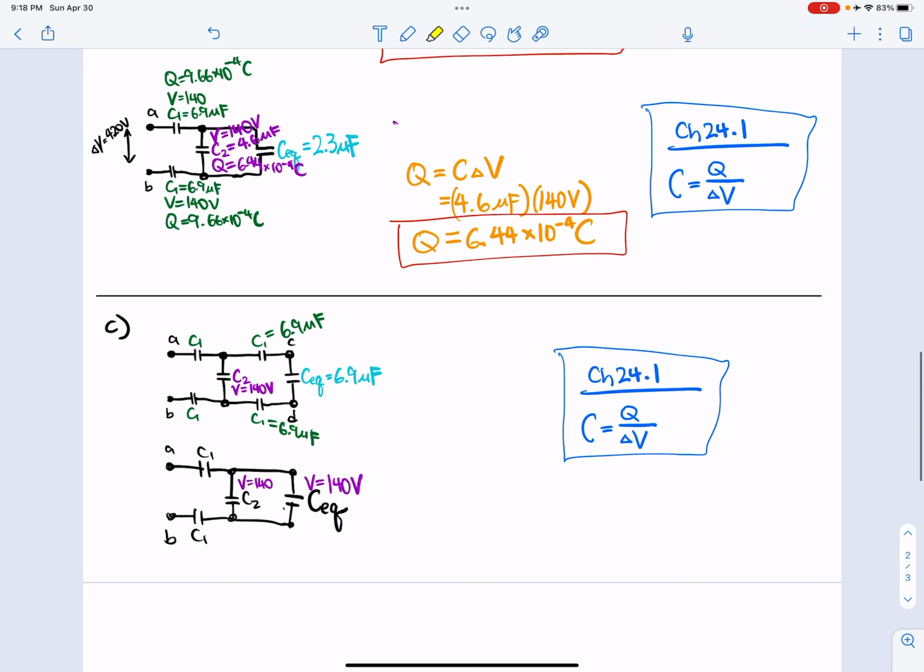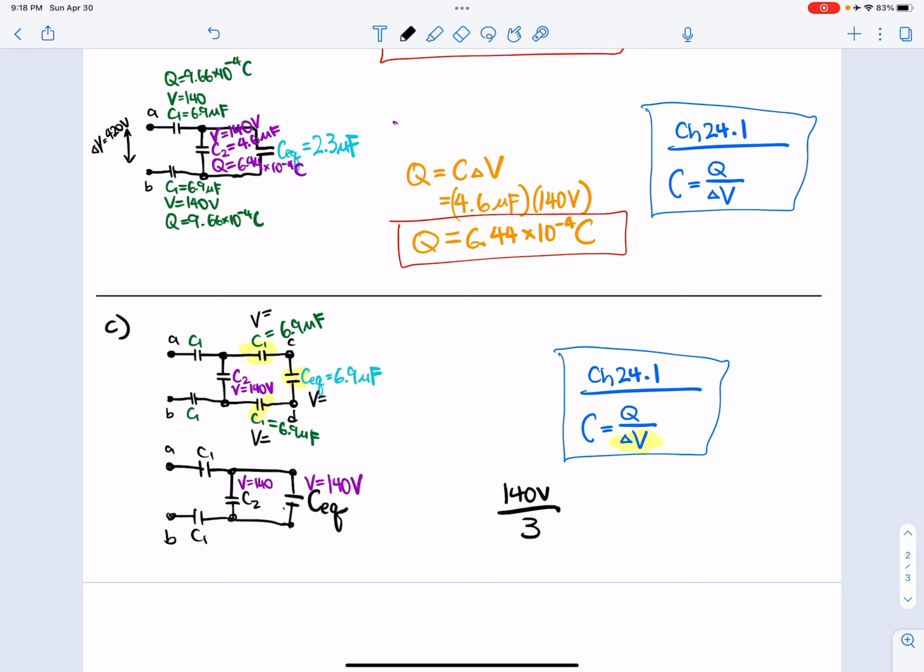Okay, so we know that the delta V for these three are the same, and their potential differences have to sum up to 140 volts. So we can just divide 140 volts by 3, and that gives us the voltage for these three capacitors.